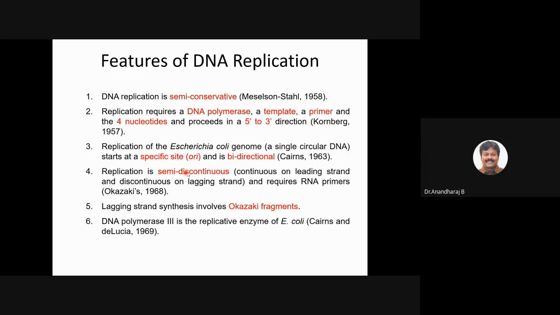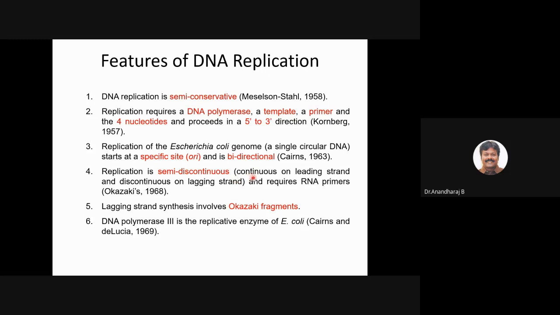The replication is semi-discontinuous. You know very well there are two strands in the double helical structure. One strand goes 5' to 3' direction, and the complementary strand goes 3' to 5' direction. The new strand will be synthesized, and the already existing parent strand will be used as a template strand to synthesize the complementary strand.